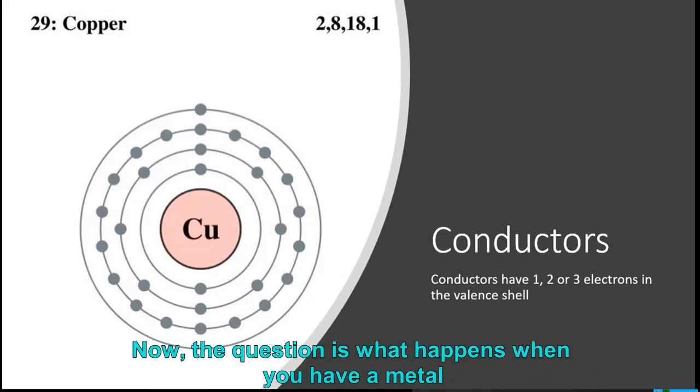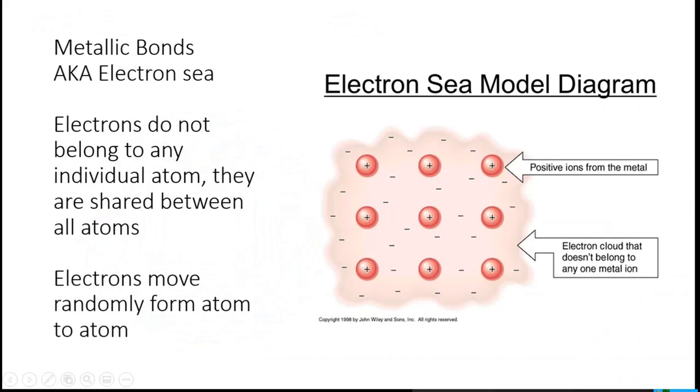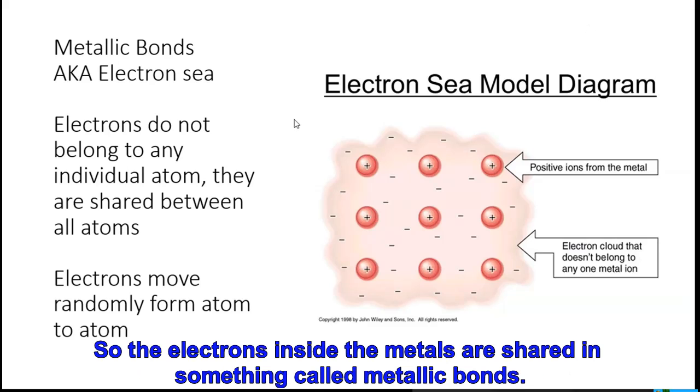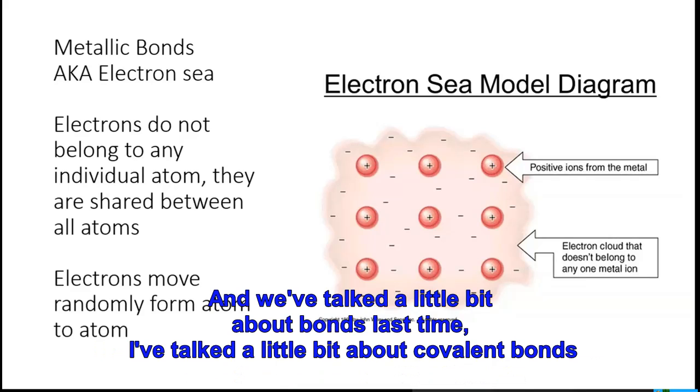Now the question is, what happens when you have a metal, a pure metal or an alloy, it doesn't matter. So the electrons inside the metals are shared in something called metallic bonds. And we've talked a little bit about bonds last time.